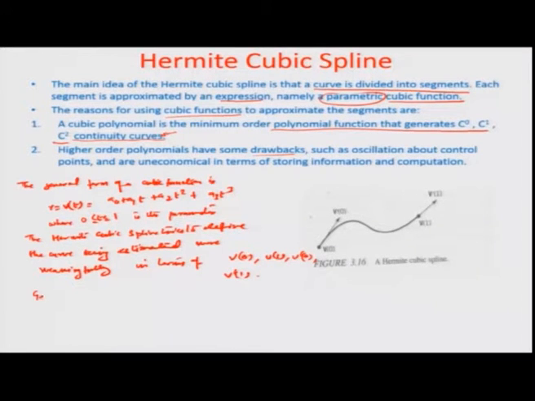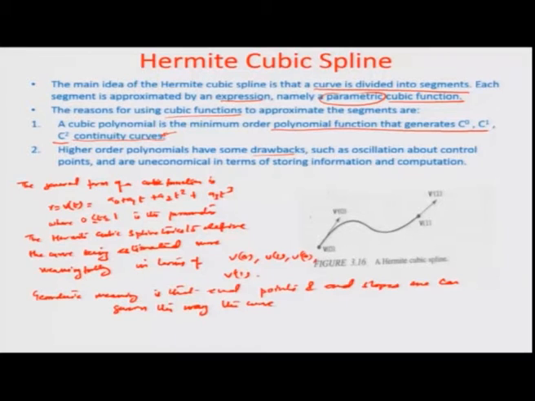So, the geometric interpretation or the geometric meaning is that by end points and end slopes, one can govern the way the curve is plotted.